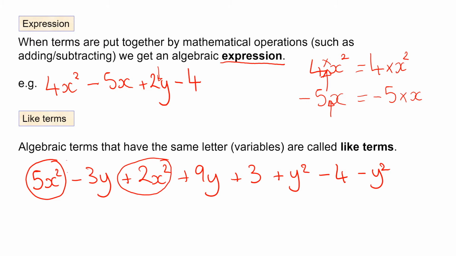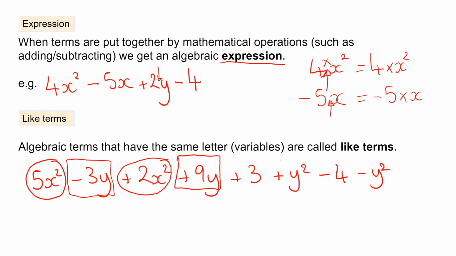Let's look at this one then, which is minus 3y. You can see that the letter here is y. When we look down here, we've got plus 9y. That is a like term to minus 3y because they both have just a y letter, and the power of that is 1.